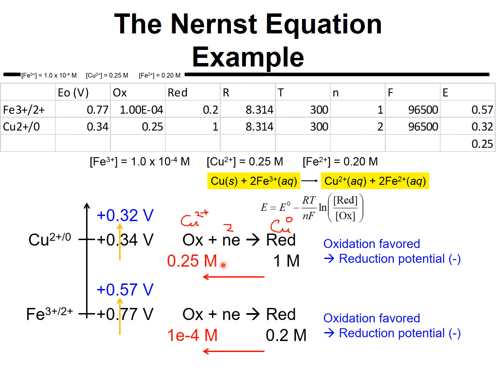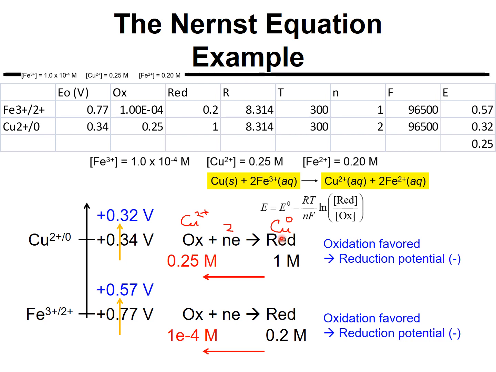However, in this situation, we have 0.25 molarity of Cu2+, which is much smaller than 1 molarity, but Cu0 is at 1 molarity. So the equilibrium is moved from the right side of this equation to the left side, as in Le Chatelier's principle.